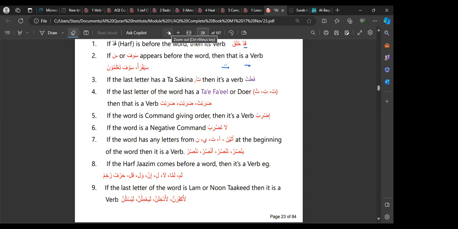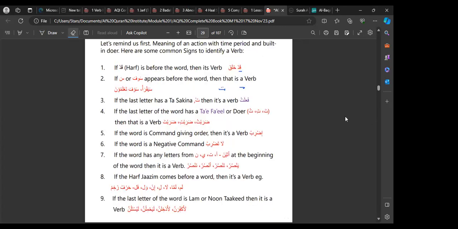Yeah, it's just called lam ta'keed and nun sakina. Okay, both is double emphasis. Yes. And that can only be done to a verb. It won't come on a noun or a harf. It has to be a verb.